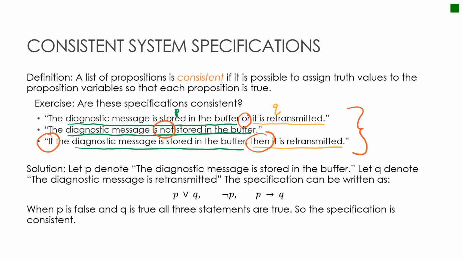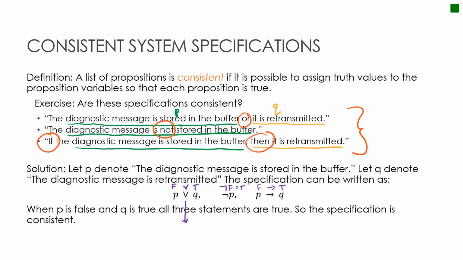And if we say that P is false and Q is true, so again, P is false, which would be not false, which would be true. And this one is if false, then true.